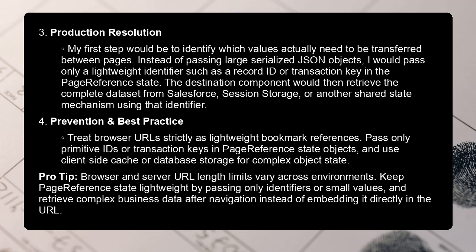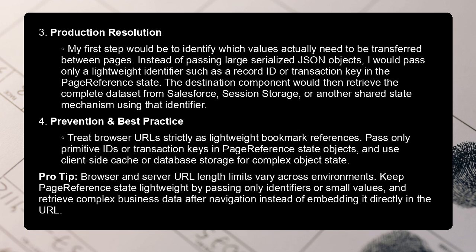Instead of passing large serialized JSON objects, I would pass only a lightweight identifier such as a record ID or transaction key in the page reference state. The destination component would then retrieve the complete dataset from Salesforce, session storage, or another shared state mechanism using that identifier.